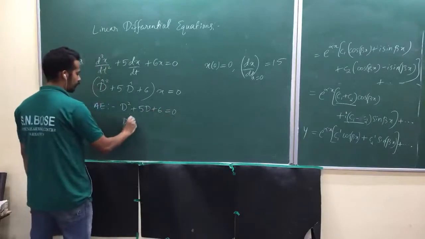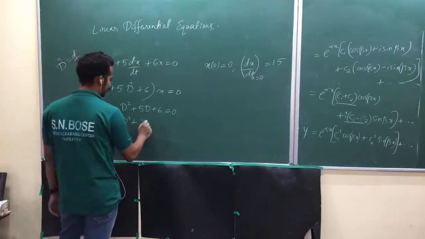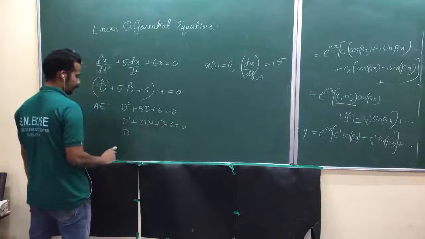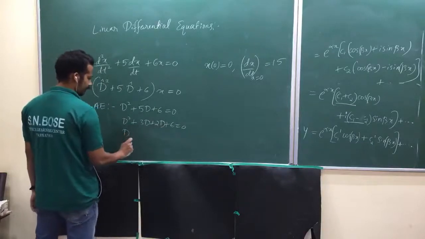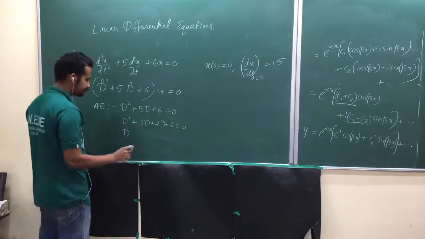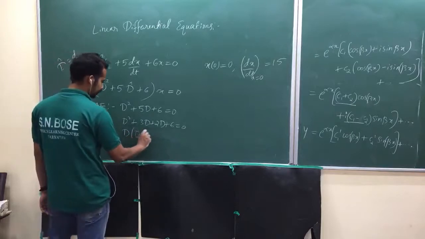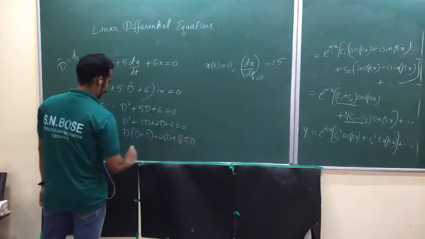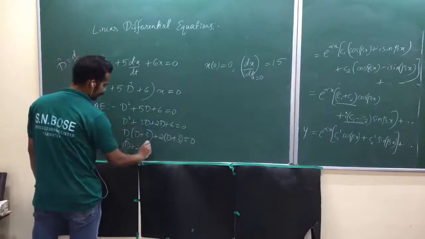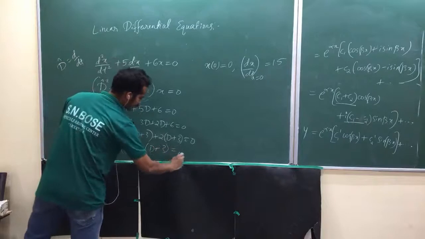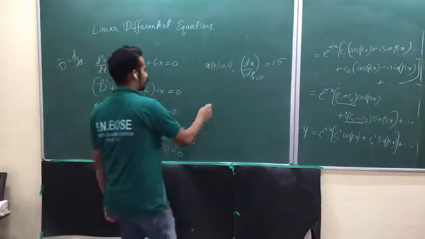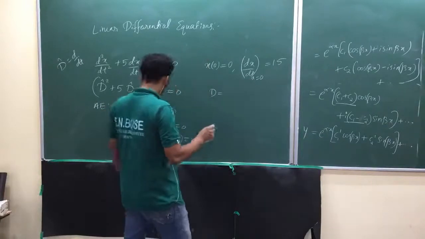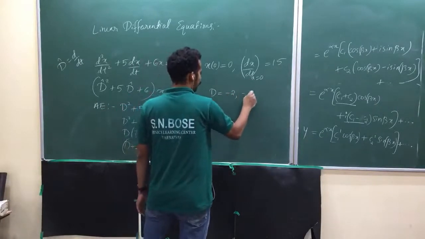Or you write D square plus 3D plus 2D plus 6, so D into D plus 3 plus 2 into D plus 3, that is D plus 2 into D plus 3 is equal to 0. Your solutions are, let me write D equal to solution, okay? D equal to minus 2 and minus 3, am I right?